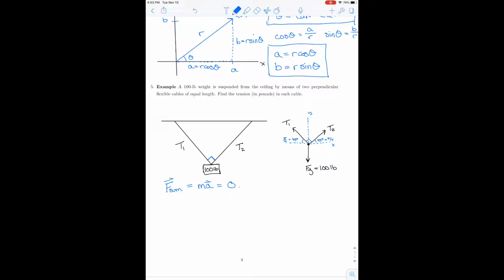So what we want to do is write out an equation that balances these forces. So what we're saying is that T1 plus T2 plus the force due to gravity has to equal mass times acceleration, which, because this object is not moving, is 0.